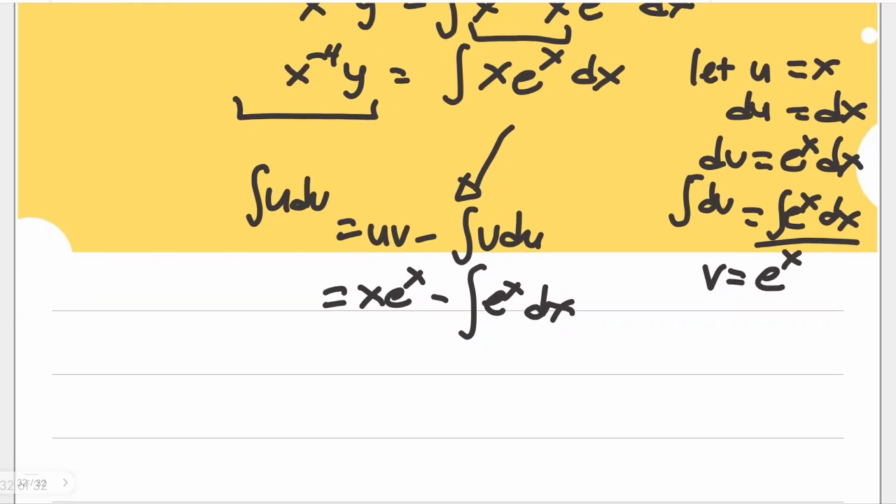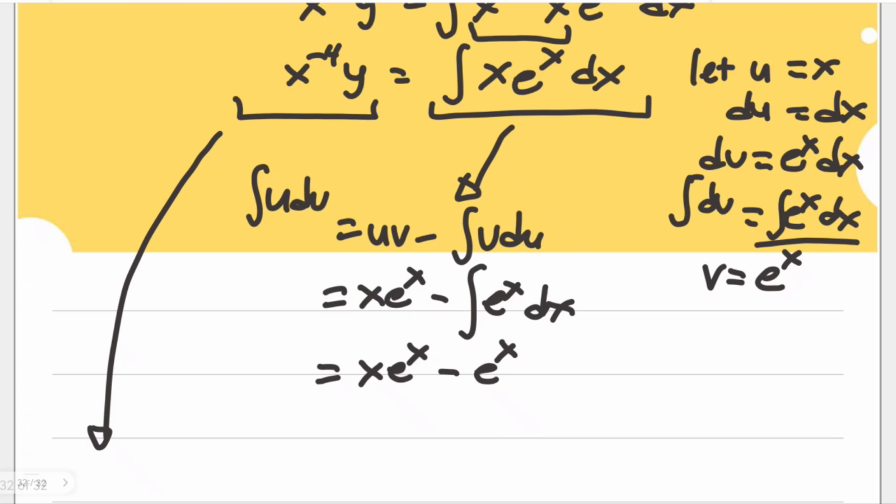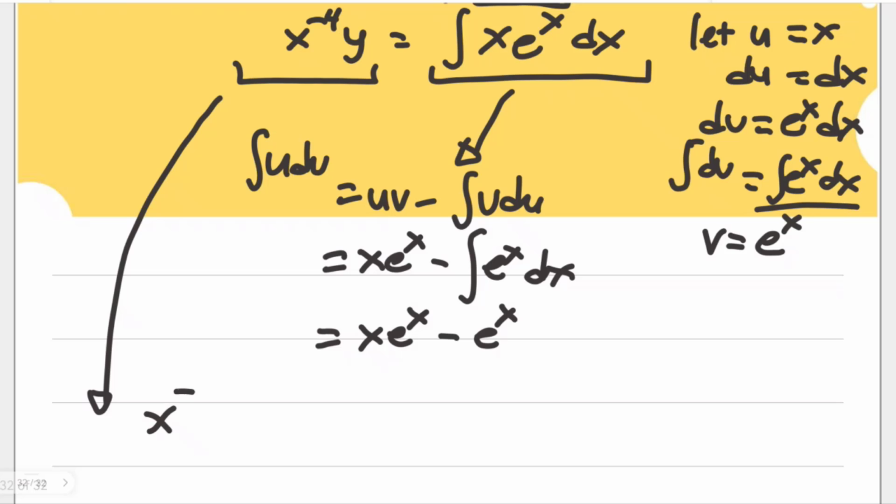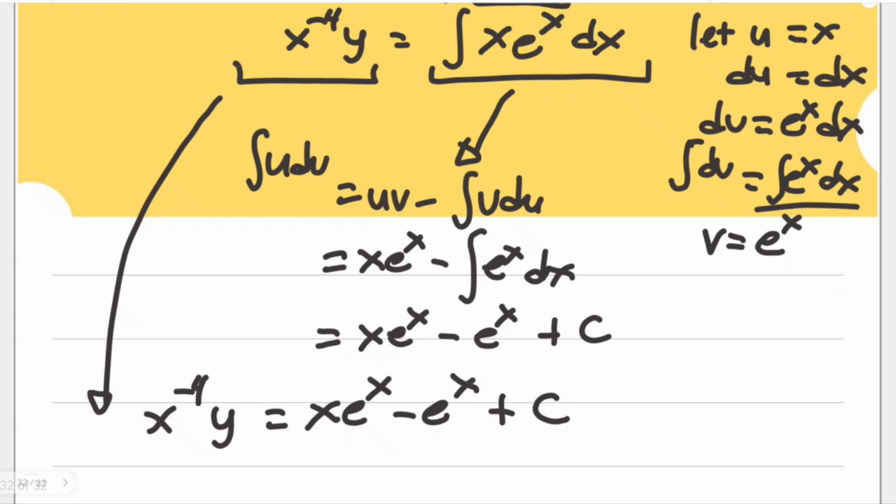This is equal to x e to the power of x minus e to the power of x, which is the integral of the entire expression. So you will resume now: x to the power of negative 4 y is equal to x e to the power of x minus e to the power of x. And since we integrated here, you can have plus c this time.